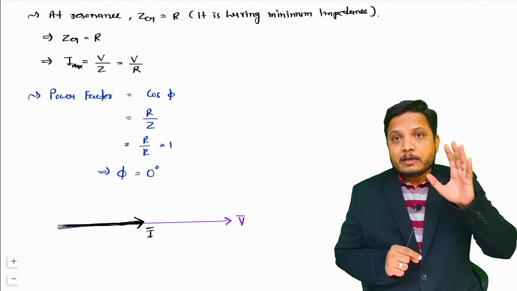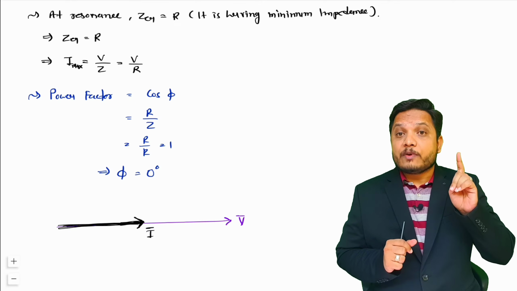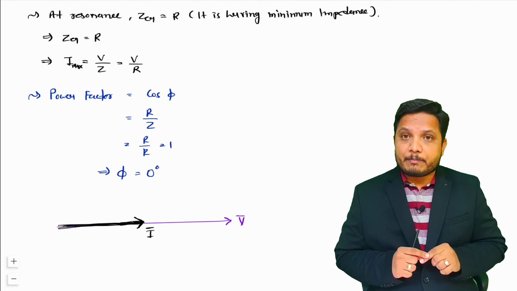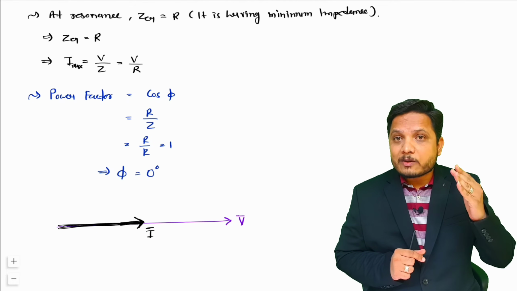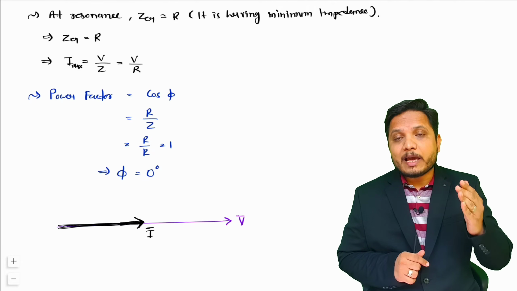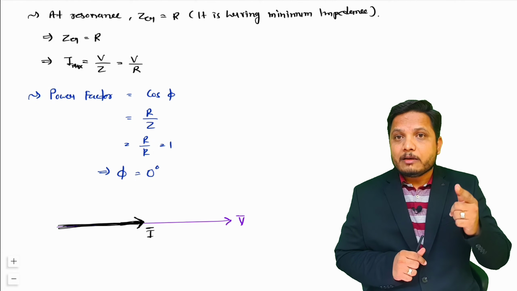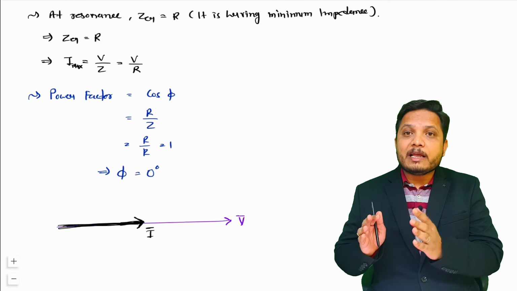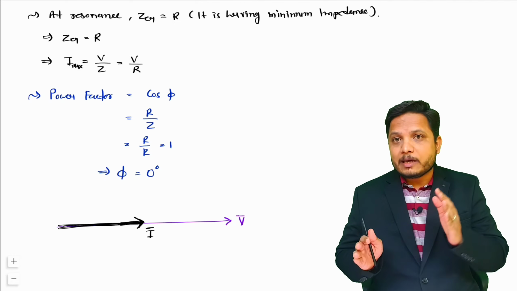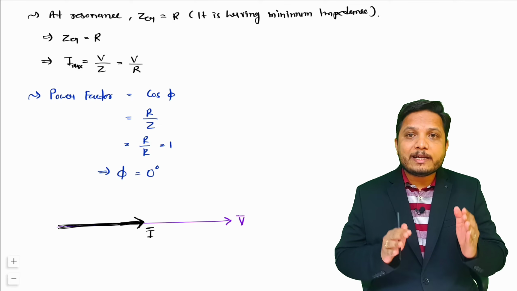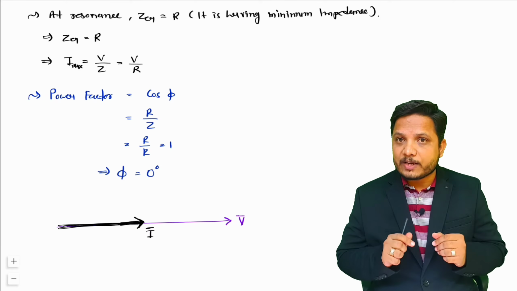Common point is, at resonance, phase of voltage and current will be the same. So in case of series connection, you will have impedance calculation, and for that you will observe the imaginary component should be 0. In that case, voltage and current will be in the same phase.